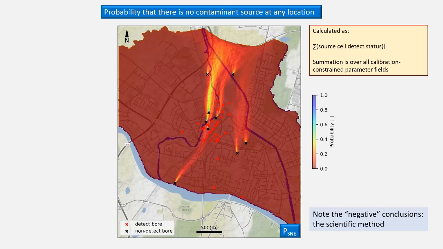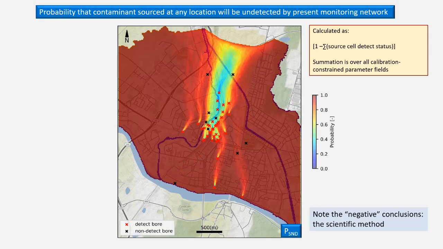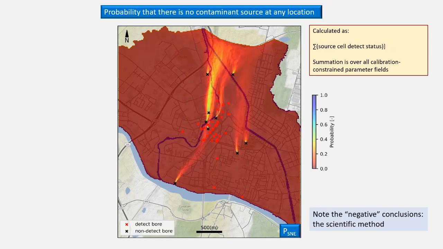Once again, blue is better. The probability that a source does not exist is greatest just upstream from a non-detect well. So now I have two probability maps that summarize just about all I can know from the information that I've got at hand.